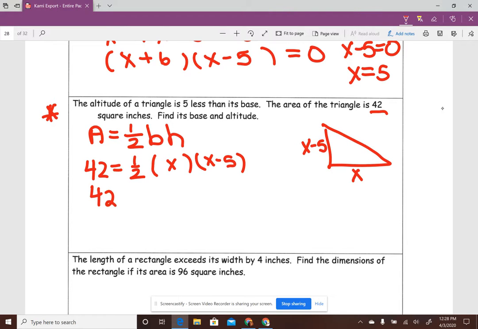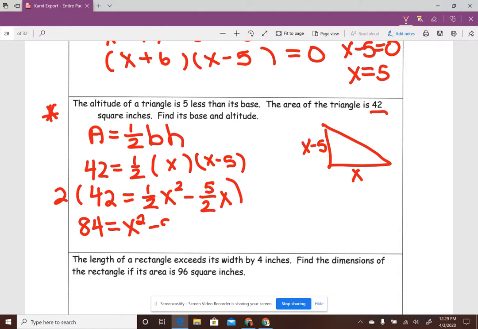Okay, so 42 equals half of an x squared minus 5 over 2x. And that's just the distributive property. All right, so I'm not really a fan of that half, so I'm going to multiply everything by 2. 84 equals x squared minus 5x. Much nicer.